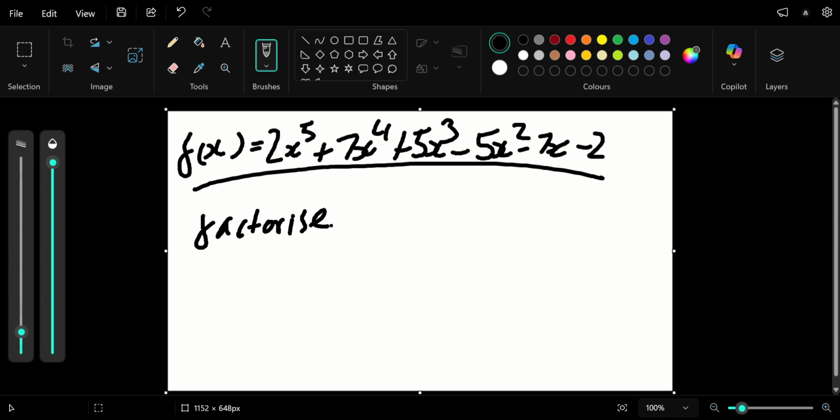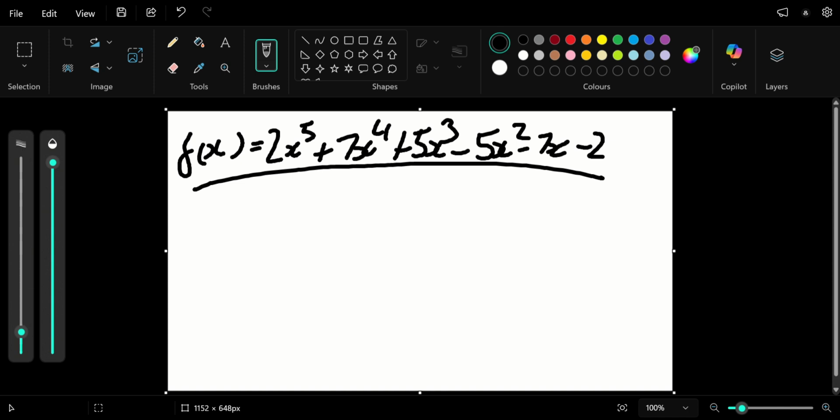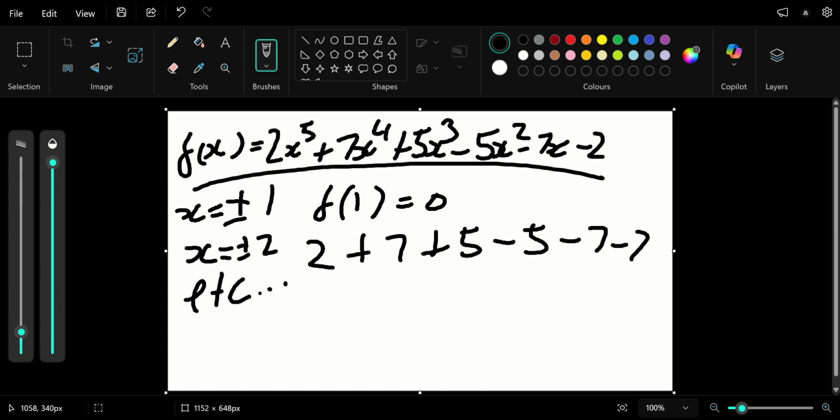Great. Now that you're back, we will use the synthetic division method to solve this question. First, we plug in some simple numbers, such as x being plus or minus 1, or plus or minus 2, etc. By doing so, when we plug in f of 1, we find that it equals 0, because we get 2 plus 7 plus 5 minus 5 minus 7 minus 2.